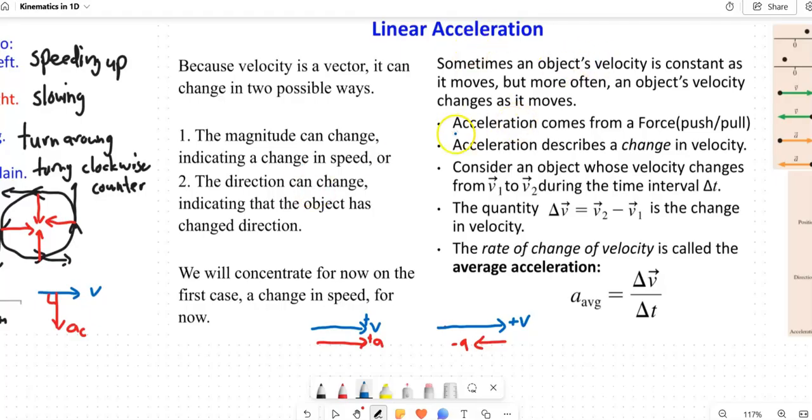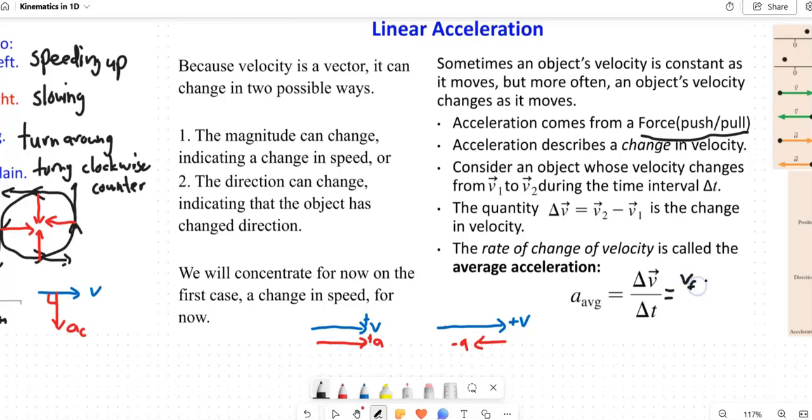So think of acceleration as coming from a push or a pull. Okay? And it's going to change your velocity. That acceleration is a change in your velocity. It's a difference in your final velocity.